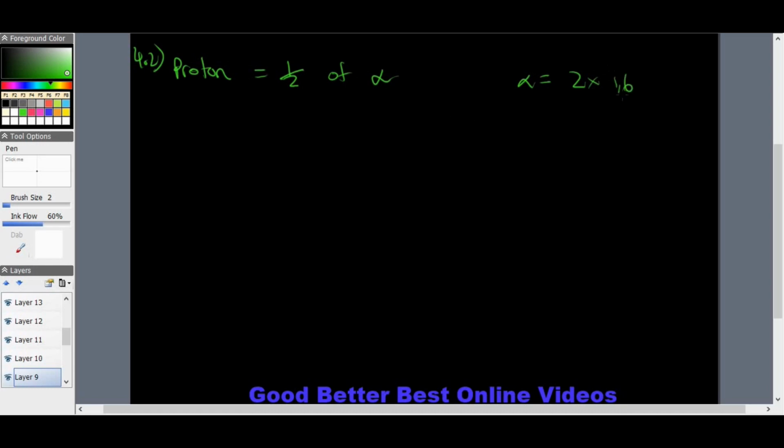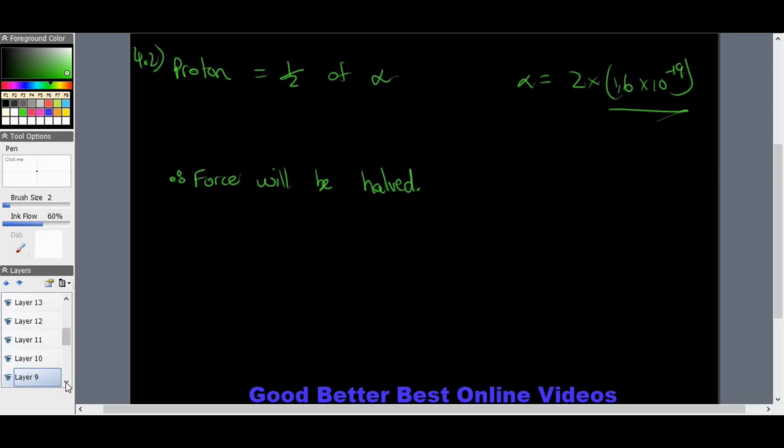So 2 times 1.6 times 10 to the negative 19. So a proton is half that of an alpha particle. So if one of the values is halved, and no longer 2 times 1.6 to the negative 19, I take 1 out and I have a proton times an alpha particle. I've halved the force. So therefore the force will be halved.